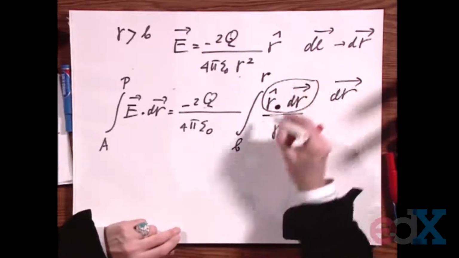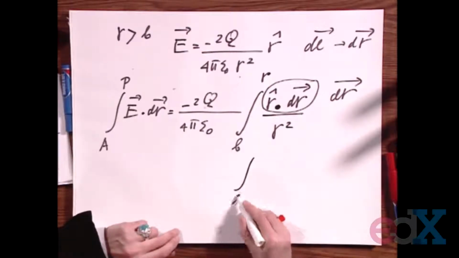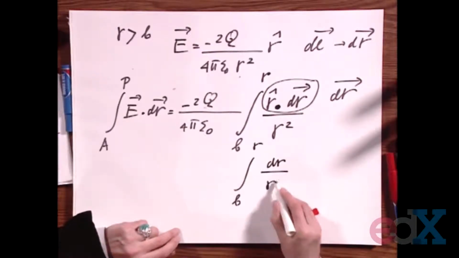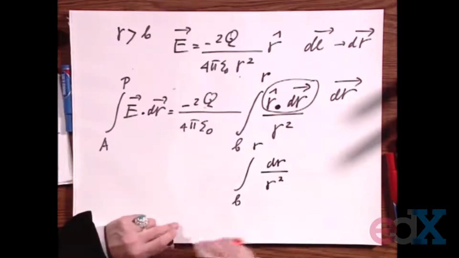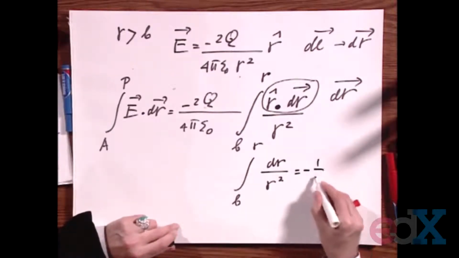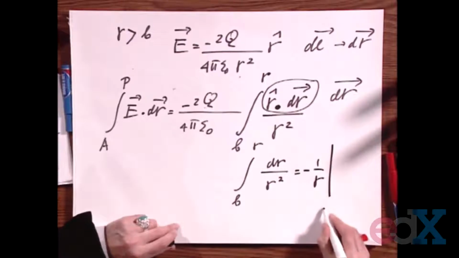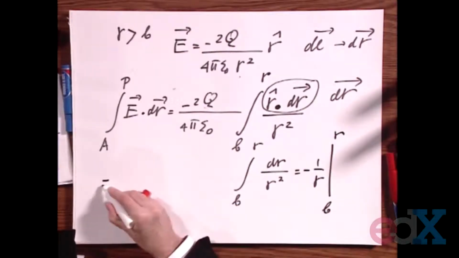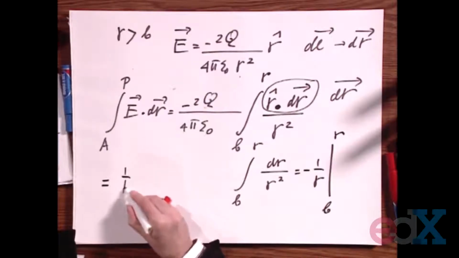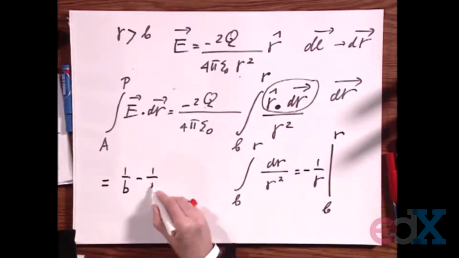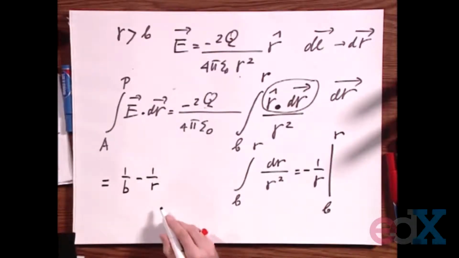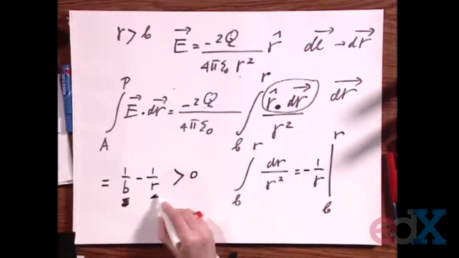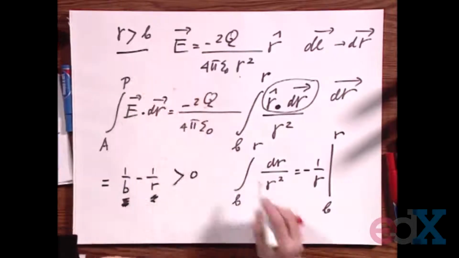In other words, I will have to only evaluate this integral dr over r squared. And that equals minus 1 over r between b and r. And so that equals 1 over b minus 1 over r. And this value is positive, because b is smaller than r, because r was outside b.